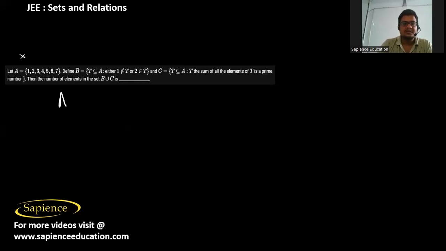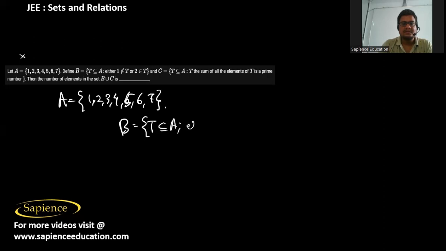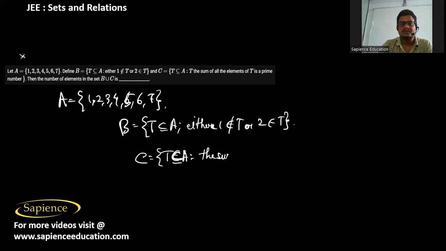Then here it is told A is the set 1, 2, 3, 4, 5, 6, 7, and B is the set of all those T such that T is a subset of A and either 1 does not belong to T or 2 belongs to T. And C is the set of all those subsets of A such that the sum of all elements of T is a prime number.